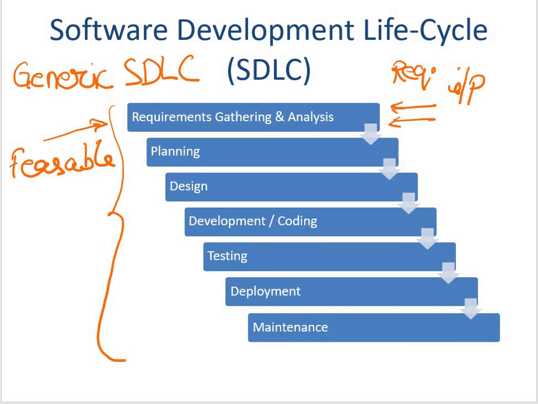Now once I'm done with it, I'll go for plan, where I'll see what exactly I want from this planning. So in this particular phase, my team will go ahead with determining the cost and the resources and the number of plans. So it can be the number of people involved.